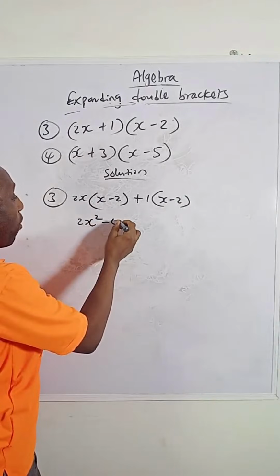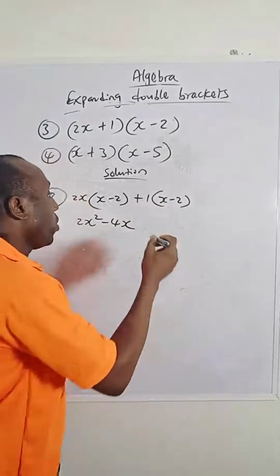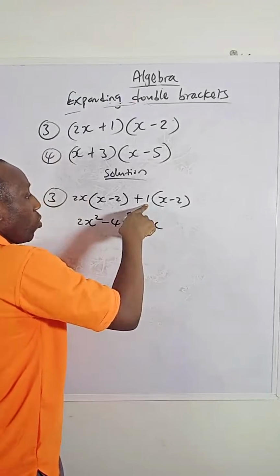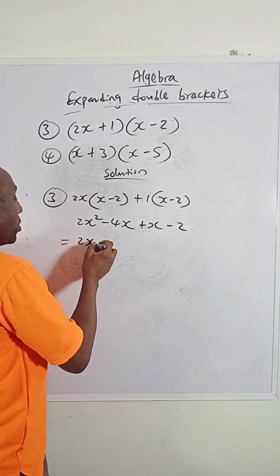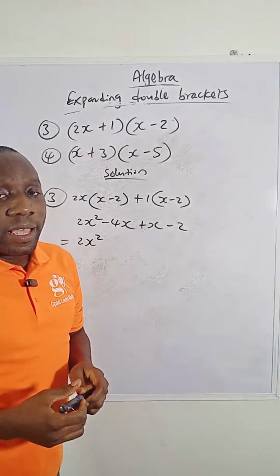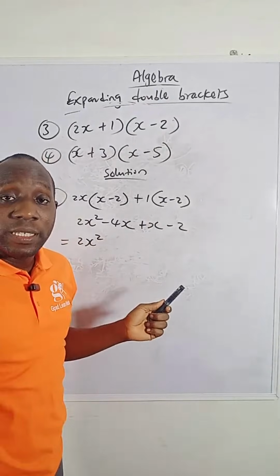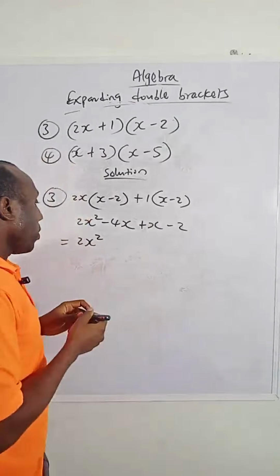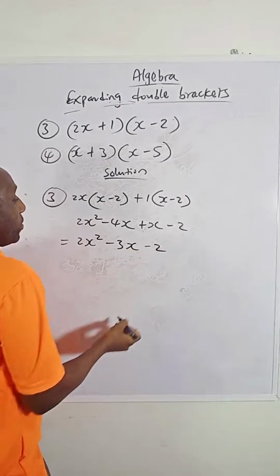That's negative 4x. You have to be careful with this. Plus 1 times x is plus x. And plus 1 times negative 2 is what? Negative 2. So you have 2x squared minus 4x plus x. It's like me asking you what is minus 4 plus 1. You will simply say it is what? Minus 3. So that's minus 3x, and then minus 2.